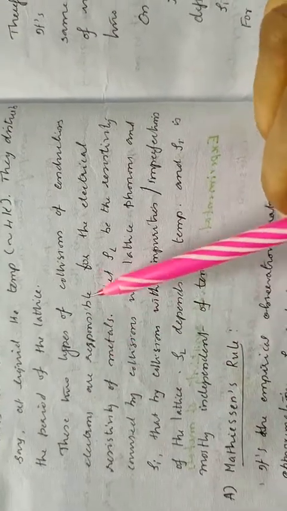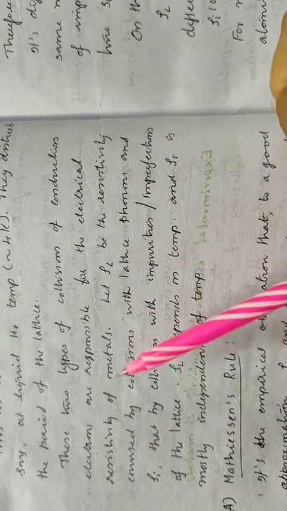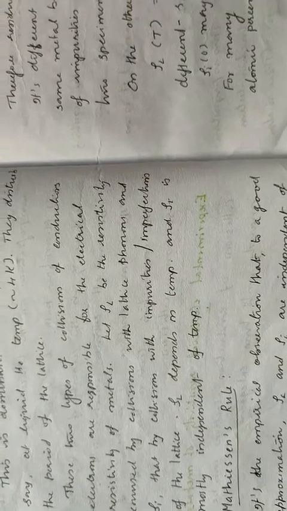These two types of collisions of conduction electrons are responsible for the electrical resistivity of metals. The interactions of these moving electrons with impurities, imperfections or lattice vibrations cause resistance to the flow of conduction electrons, and that's how the resistivity of metals arises.